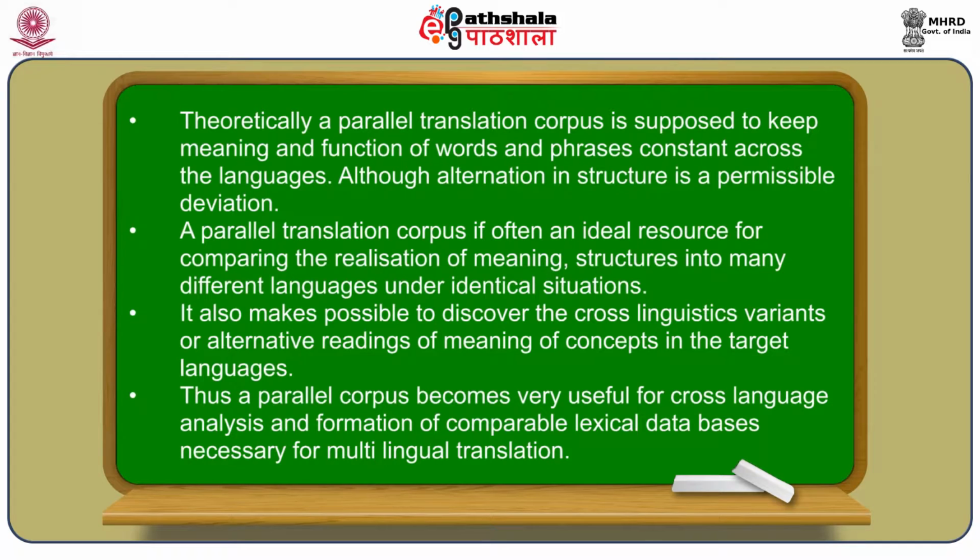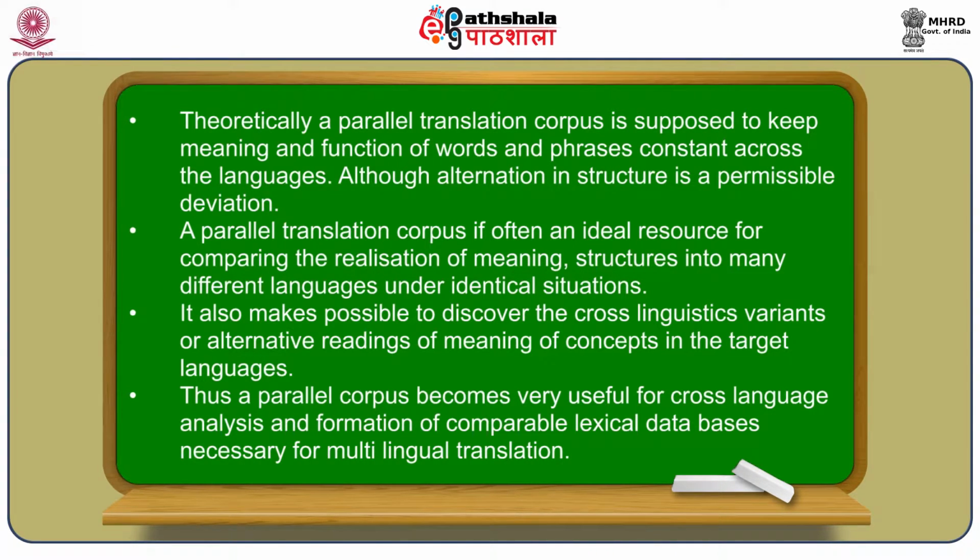Theoretically, a parallel translation corpus is supposed to keep the meaning and function of words and phrases constant across the languages. Although alternation in structure is a permissible deviation. A parallel translation corpus is often an ideal resource for comparing the realizations of meanings of structures in two or many different languages under identical situations.